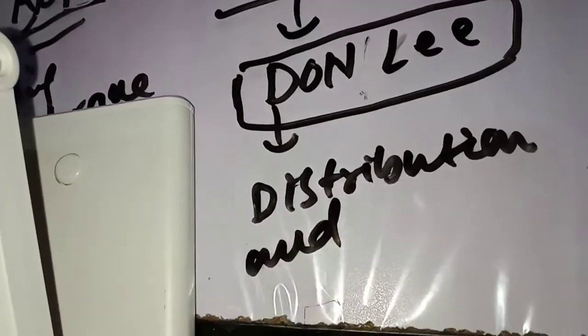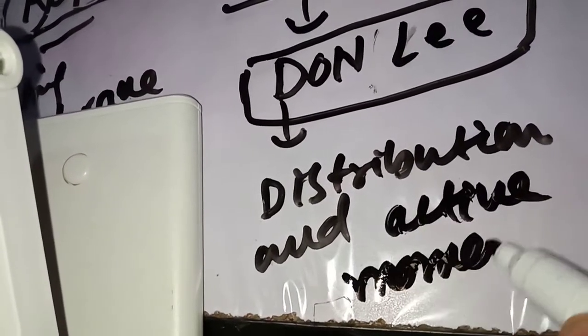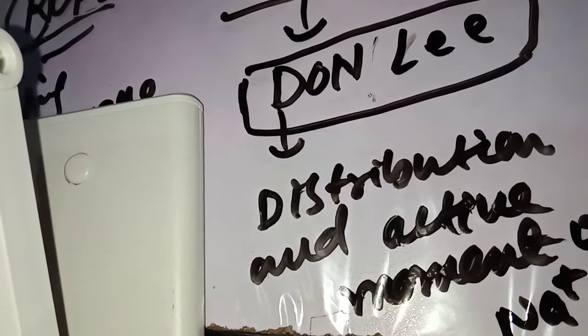So here D means distribution and active movement. Distribution and active movement of sodium and potassium ions, which helps in resting membrane potential.